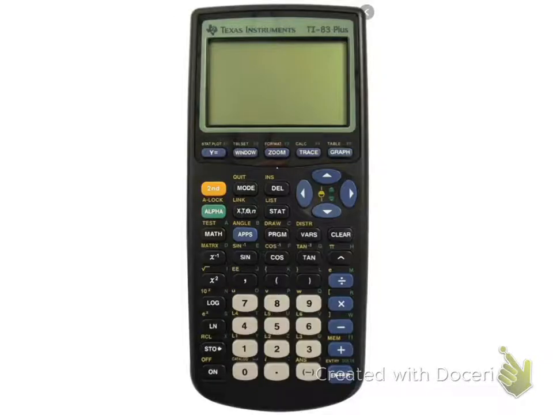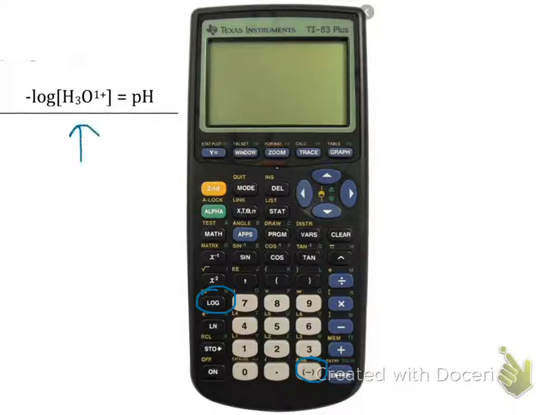So on the calculator, again, it's the negative log of the concentration of the hydrogen ion. And so what you're going to do is type negative log, and then all you do is type in whatever the hydrogen ion concentration is and hit enter. And it's that simple.